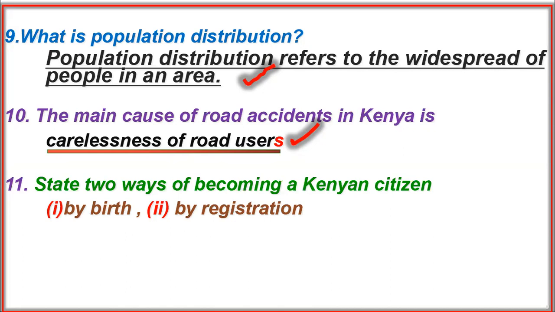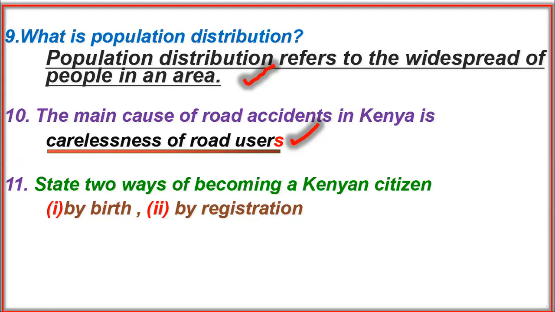Remember, a birth certificate is not the way of acquiring Kenyan citizenship. So you become a Kenyan citizen if you are born in Kenya by parents who are Kenyans, or one of the parents, or a child who is 8 years or below.